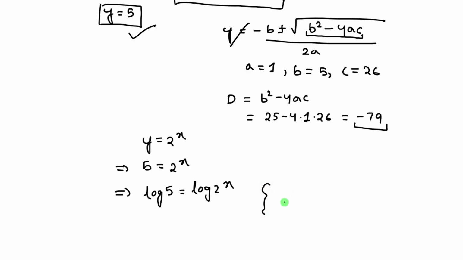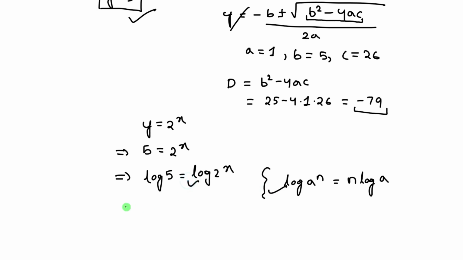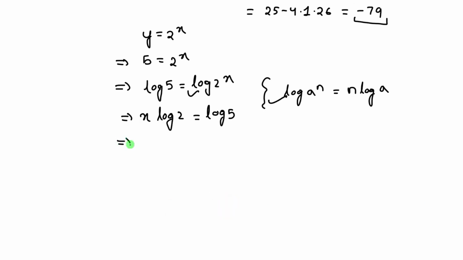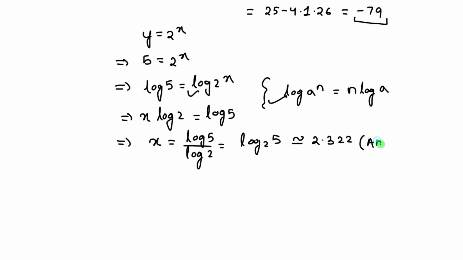By using the logarithm power rule, that is log a to the power n equals n log a, we can write x log 2 equals log 5. This implies x equals, by cross multiplication, log 5 divided by log 2, which equals log base 2 of 5, which is approximately 2.322. That is the value of x.